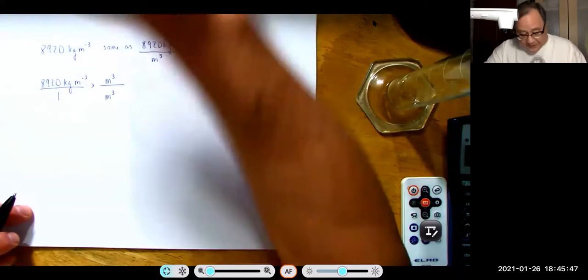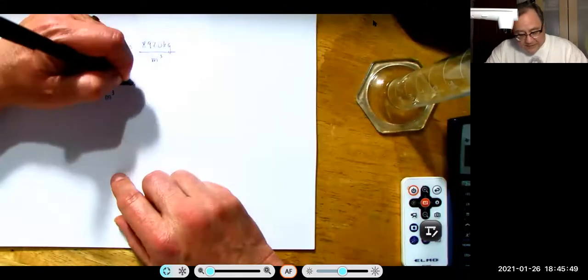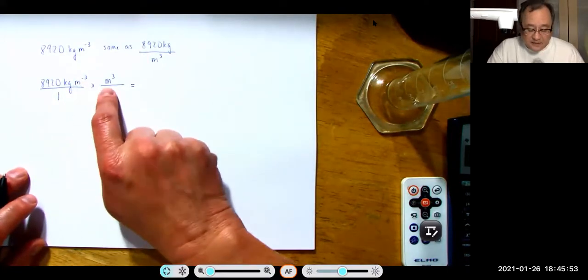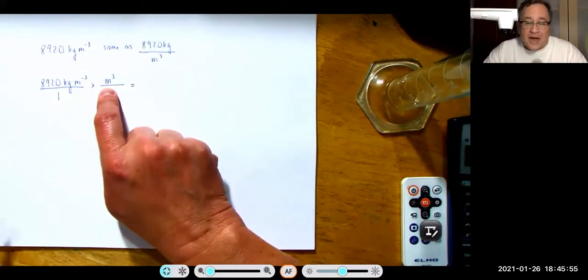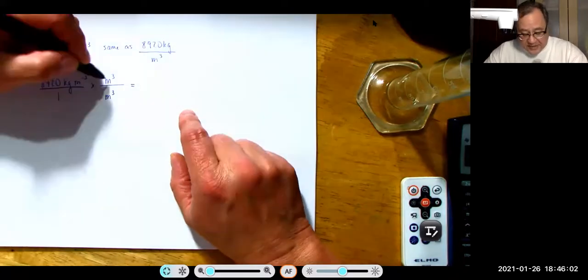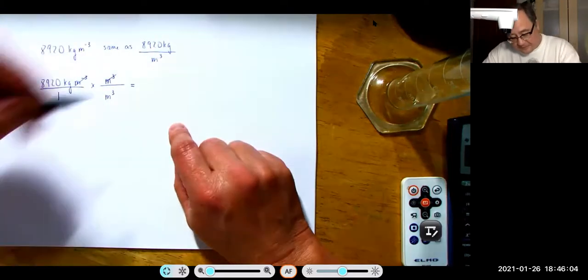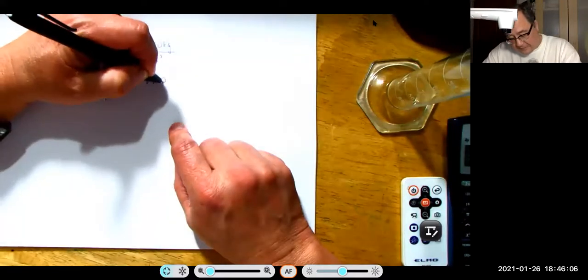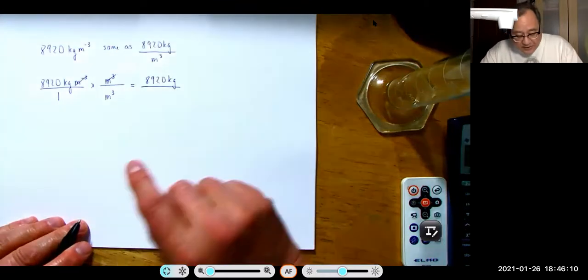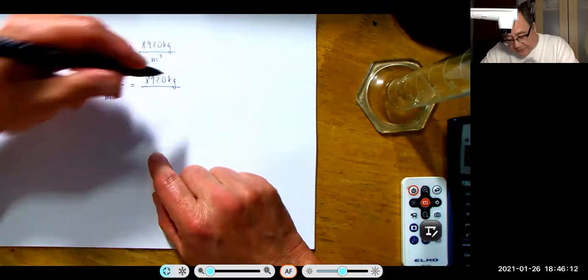And what happens here is that this meters to the -3 and this meters to the 3 becomes meters to the 0 power. Meters to the 0 power is 1. So these essentially cancel. This on the bottom, however, does not cancel, and meters cubed times 1 is meters cubed.